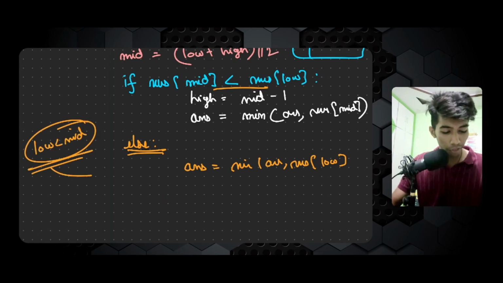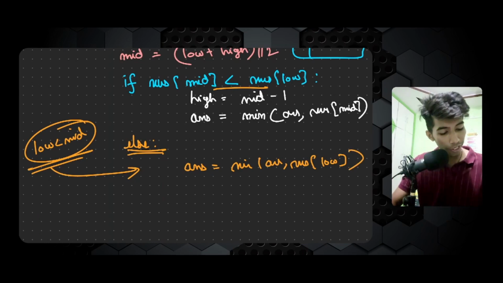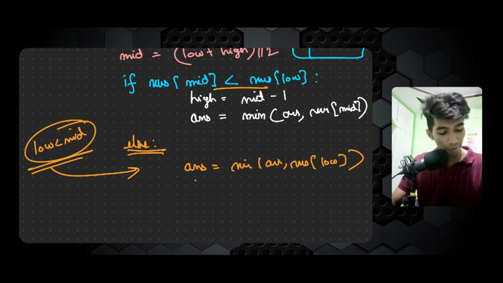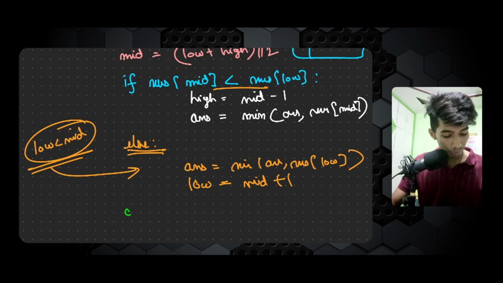This particular case we are writing in the else, where my low is lesser than mid. Then we will change our low pointer to mid plus 1, and then I will return my answer.